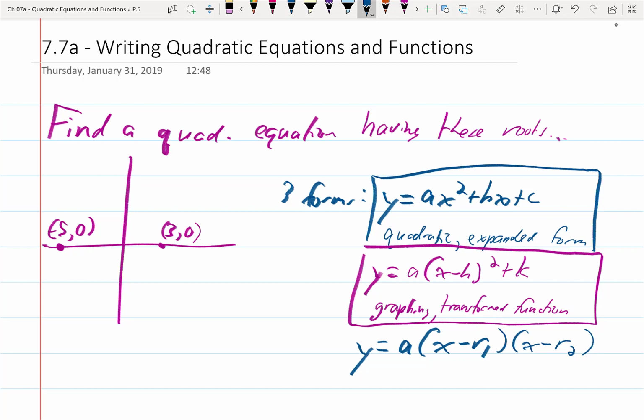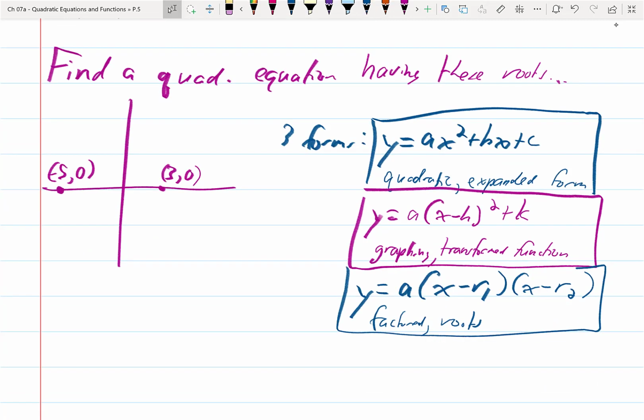Given that the question asks you to find a quadratic equation having these as roots, this is factored. And these will show you what the roots are, or be a way to input the roots and get an equation. So if these are the roots, then let's make this quadratic equation as simple as possible. y equals, let's take a root of -5.